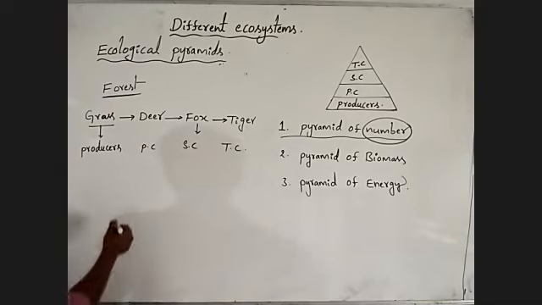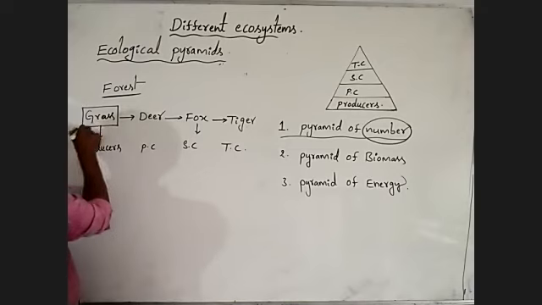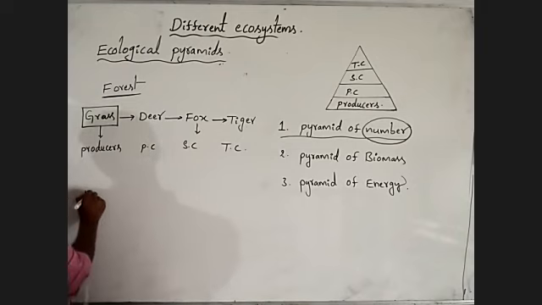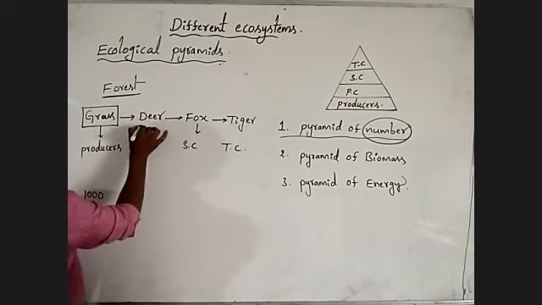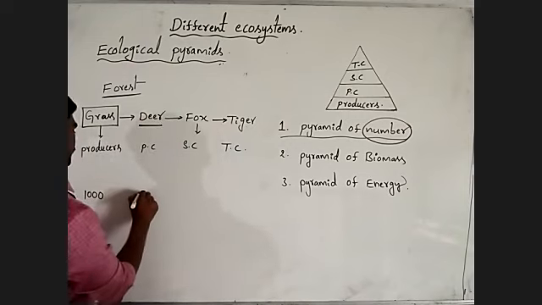Here, when we construct the ecological pyramid based on the number of organisms at each trophic level, first, if the number of grass in a forest ecosystem is, for example, 1000. Imagine. Next, the number of deer in the forest ecosystem, for example, 600.